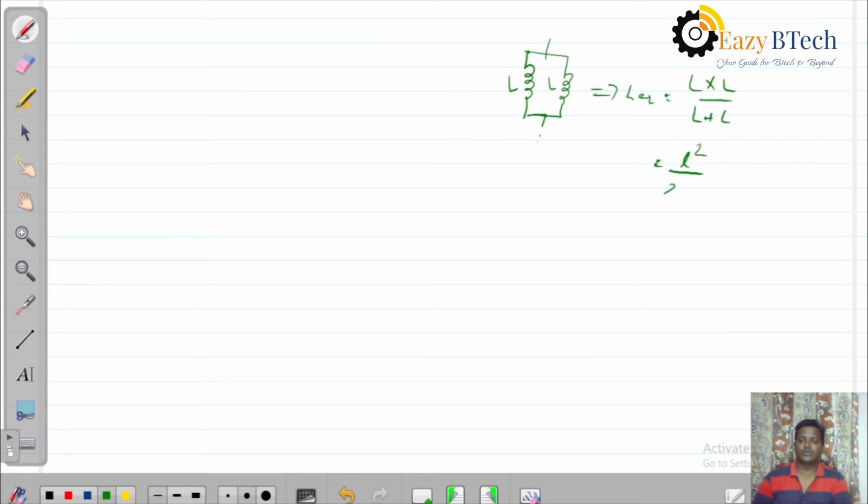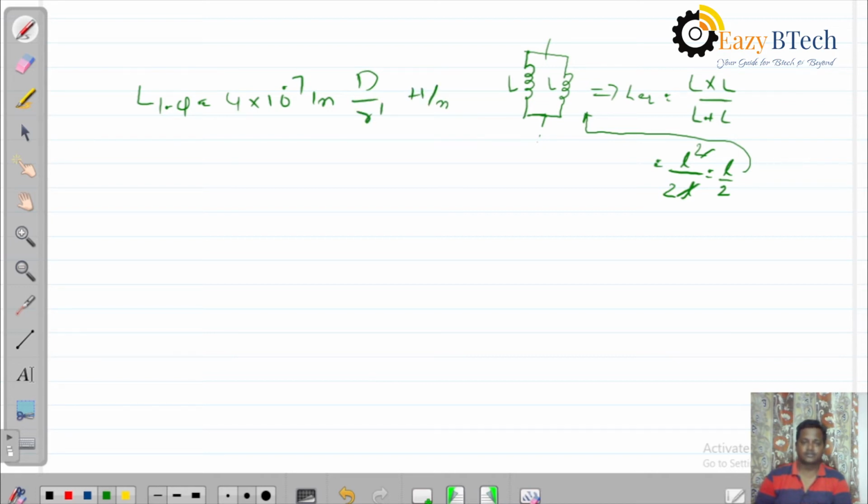L square by 2L. Here L square get cancelled, L by 2, where L is the inductance of a conductor. Therefore, once we know the single phase system inductance, that is 4 into 10 power minus 7 ln d by r dash Henry per meter.